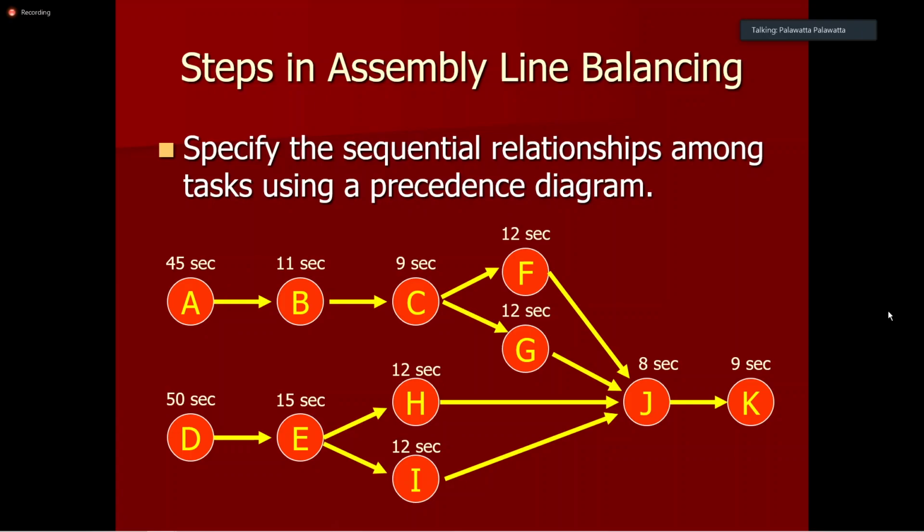B and D are in a tie, but D's task time is 50 seconds, which is greater than B's 11 seconds. So we break the tie with the second rule, the longest operation time rule, so D is allocated.